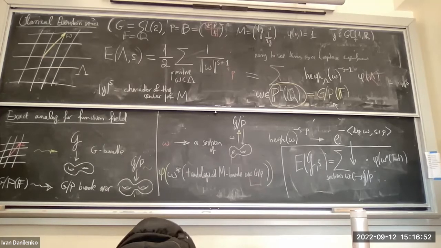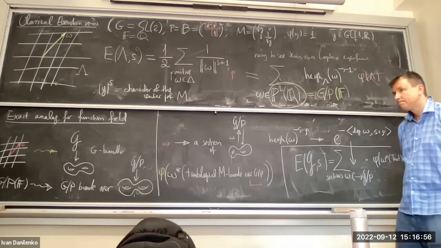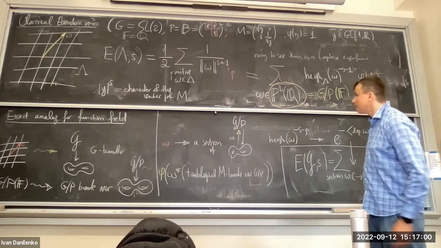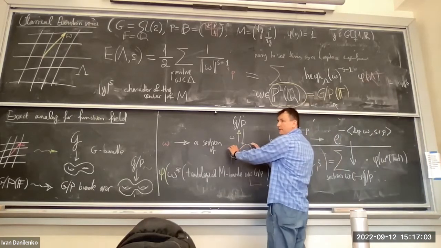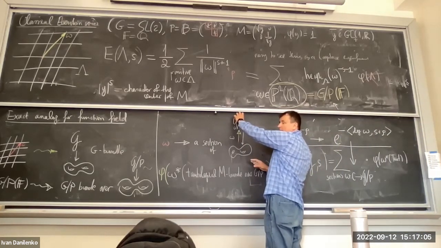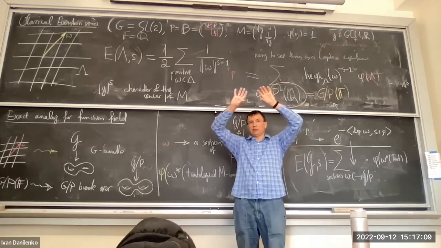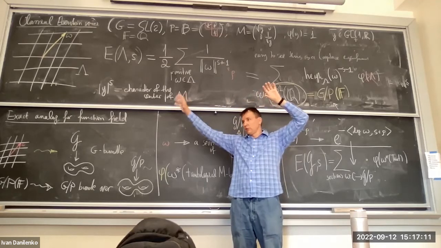You have the curve and some kind of G bundle. If you have a principal bundle, you can form bundles associated with the principal bundle.